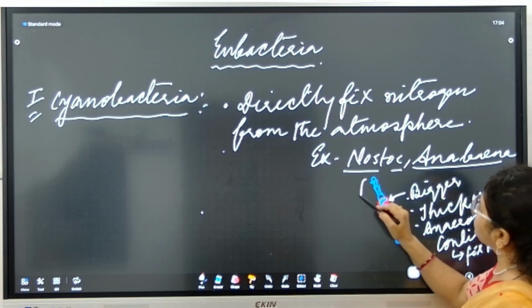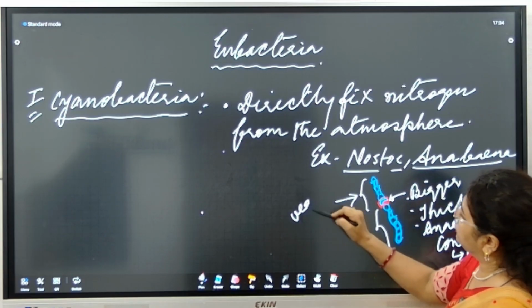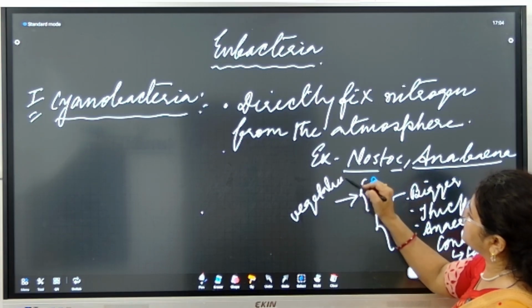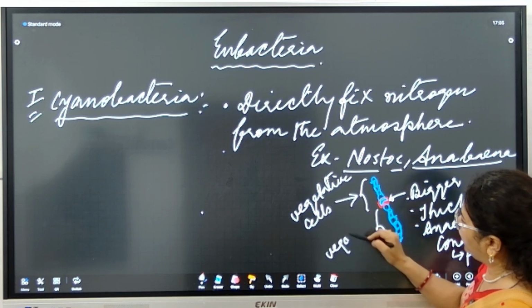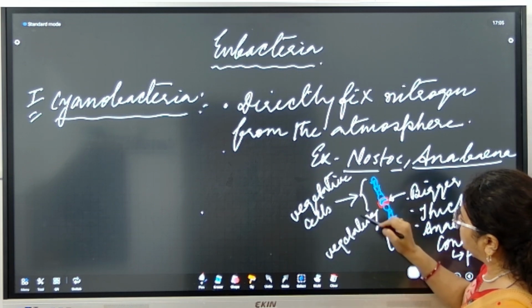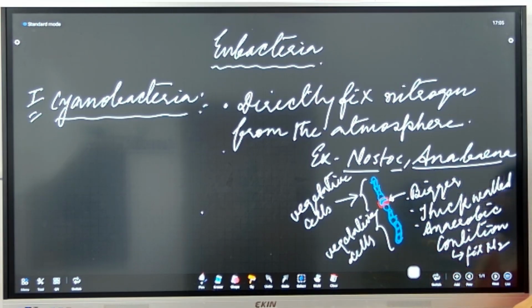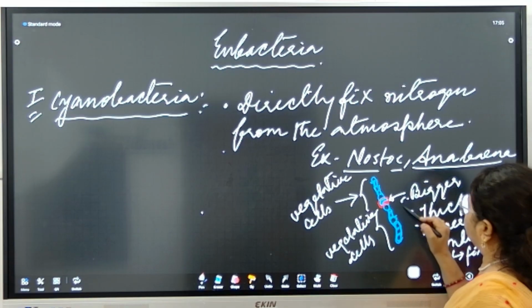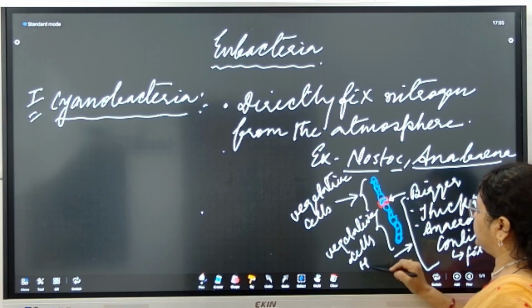But these other cells are just vegetative cells. They do not fix nitrogen. So if the question comes, vegetative cells cannot fix nitrogen, but this bigger, thick walled cell with anaerobic condition can fix nitrogen, and it has a specific name, the heterocyst.